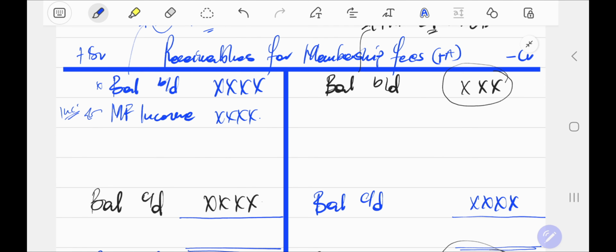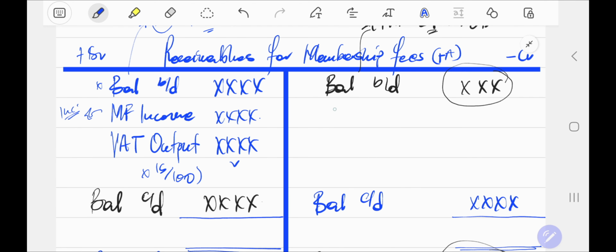So if the club is a registered VAT vendor, you also need to account for VAT output because they are selling a service here, right? So we are going to say this amount here for membership fees income times 15 over 100 to record the VAT output here. And then on the credit side, you have to think about what reduces receivables, right?